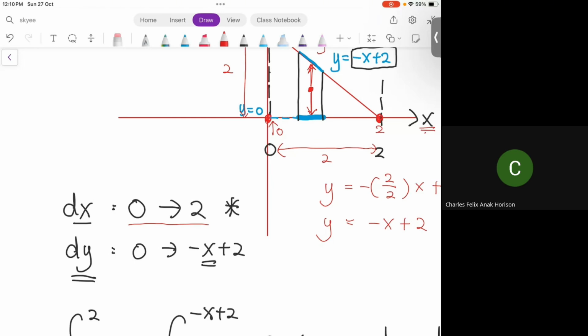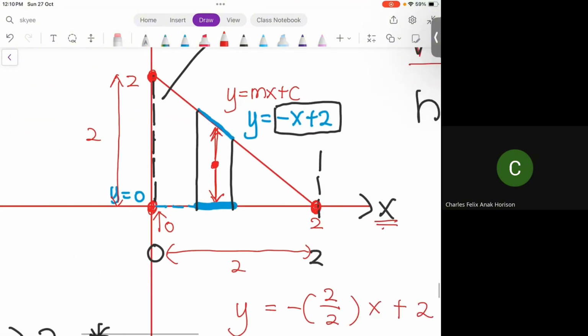Next, I have to find the dy interval. In order to find my dy interval, I have to assume myself sitting inside this vertical strip. When I look down, I will see this horizontal line, and this horizontal line is represented by y equals to 0. When I move up, I see another line, but I don't have an idea about its value because it keeps on changing at every point.